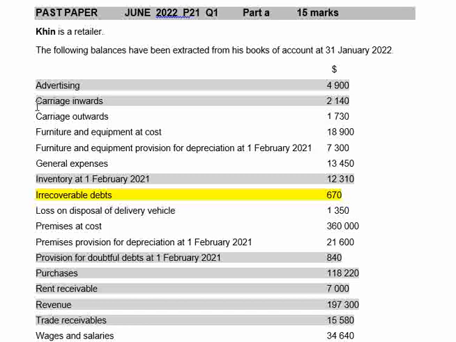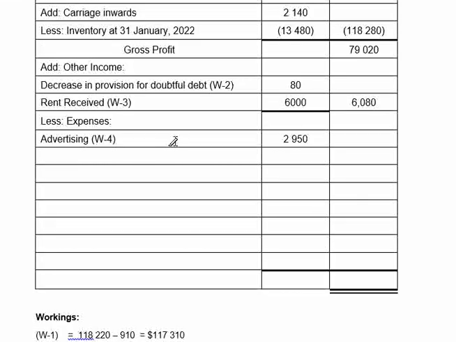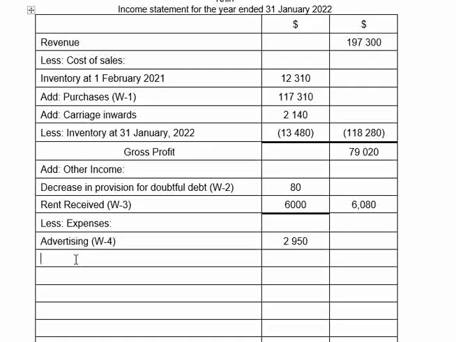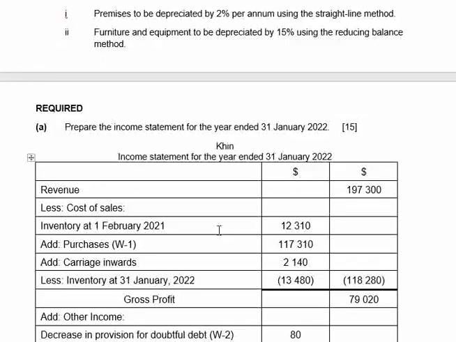After advertising, we have already taken carriage inwards. Now you will take carriage outwards here, because carriage outward is our expense. The carriage outwards amount is $1,730.